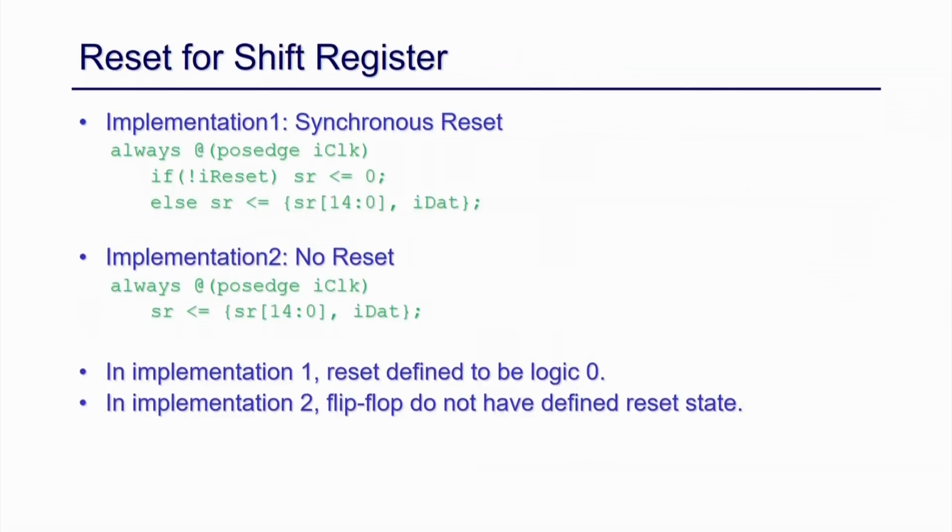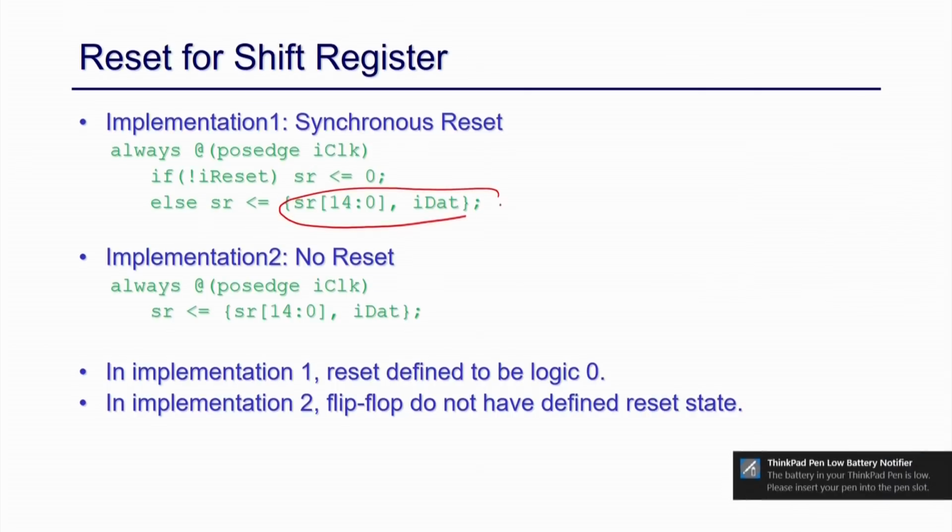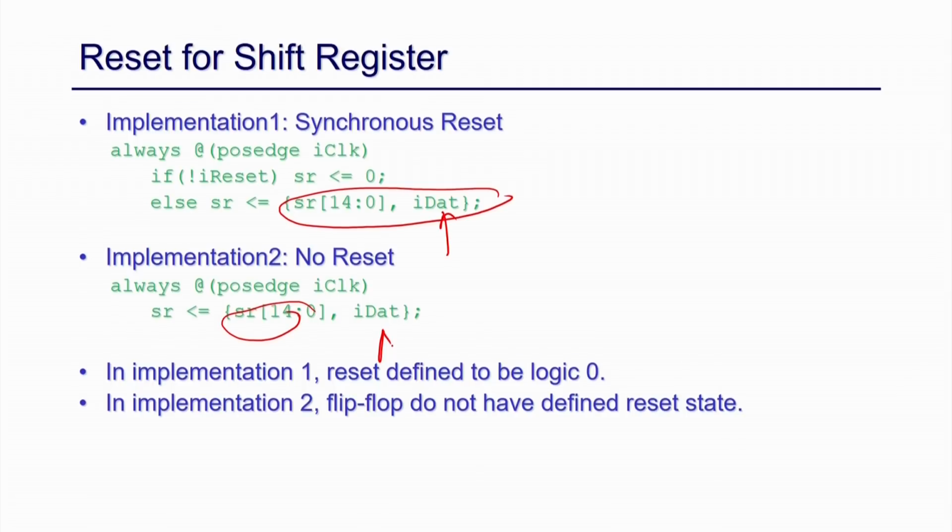Okay. So, first we are going to discuss the shift register, and a shift register usually does not have any reset pin. So, what happens if you design a shift register? Here I just talk about a reset. So, this is the shift register, right. I am just shifting and taking in one bit at a time.